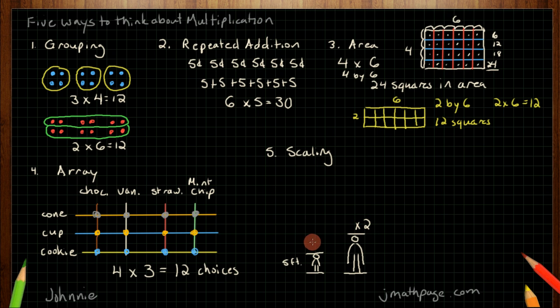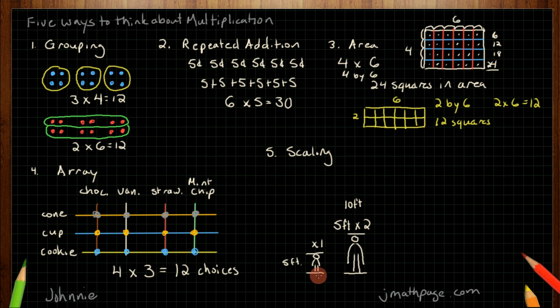This person was only 1 times as big as itself. Now, if this person here is just 5 feet tall, how tall is this person? Well, it would have to be 5 feet doubled, right? So 5 feet times 2. And how much is that altogether? Well, this particular person would have to be 10 feet tall. That's taller than anybody has ever been.